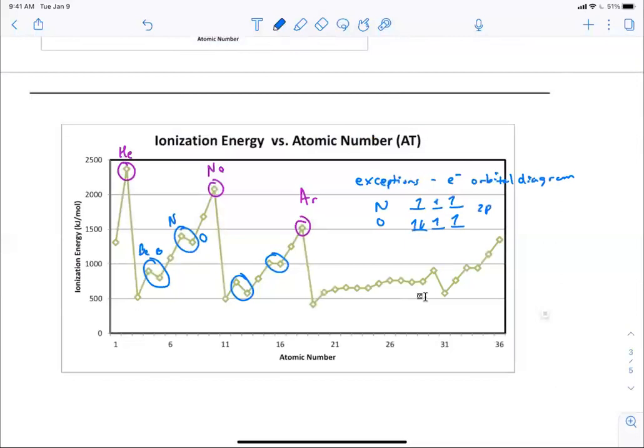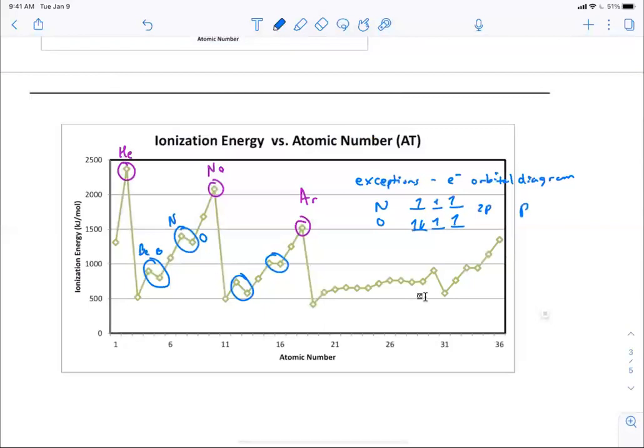And so oxygen removing its 4th electron allows for a half-filled subshell, which minimizes electron repulsion and allows it to be at a lower energy state. So there is more energetic incentive for oxygen to lose its electron than nitrogen, which already has the minimized repulsion, and it would destabilize the atom if it were to lose the electron, because now the electrons would be imbalanced in their orbitals. And so that's why you see that dip there.